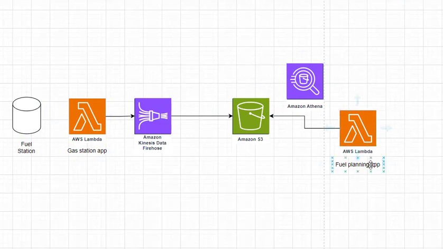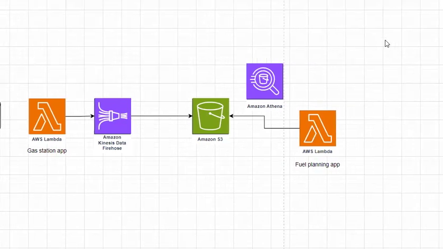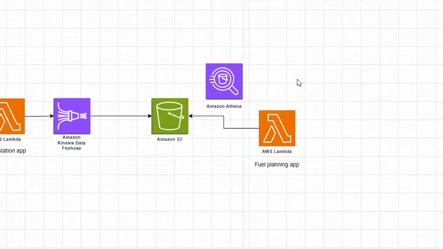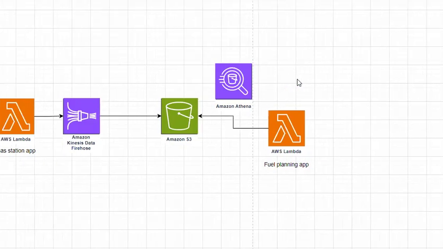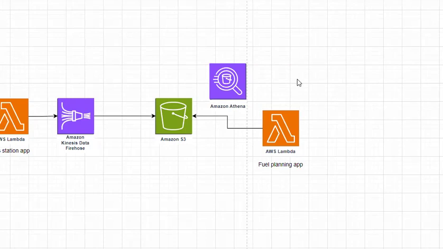I'm calling this Lambda function fuel planning app. Then I'm getting the status of whichever gas stations have less fuel than I'm expecting. In this Lambda function, I got those details.